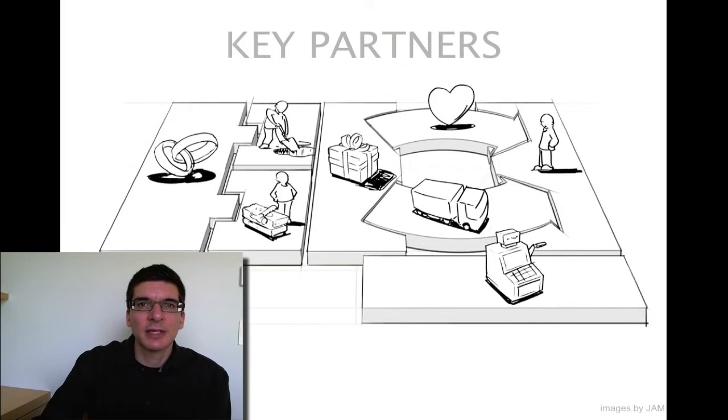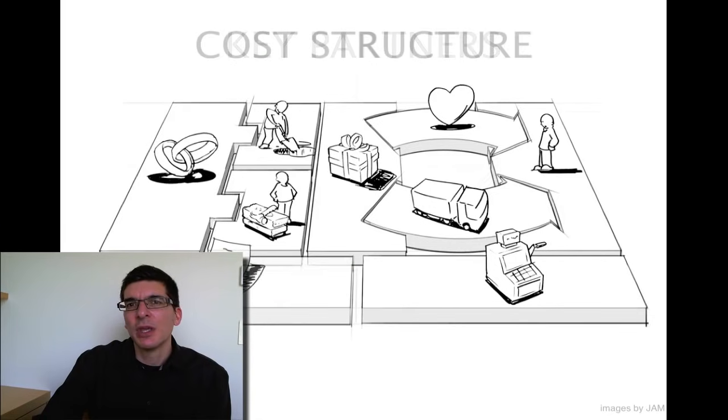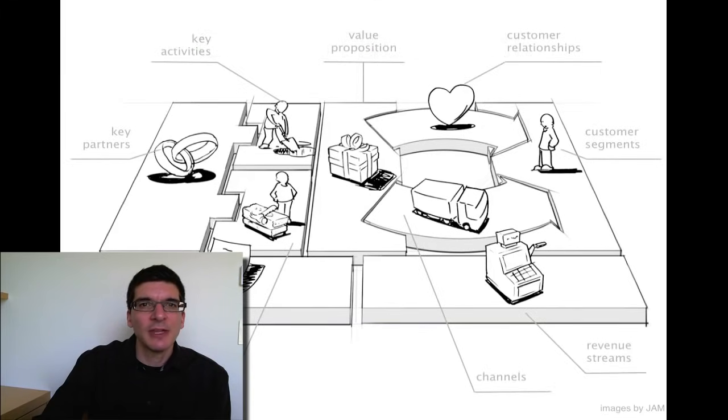And probably Zynga couldn't have scaled so quickly without using Facebook as a partner. Now, if you know all those three elements on the left-hand side of your canvas, very quickly you can sketch out what your core costs are. And then you have a big picture understanding of the logic of your business. All the pieces that you need to create, deliver, and capture value. All those elements that are important to succeed in business.